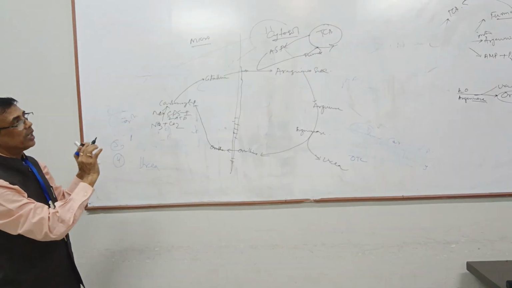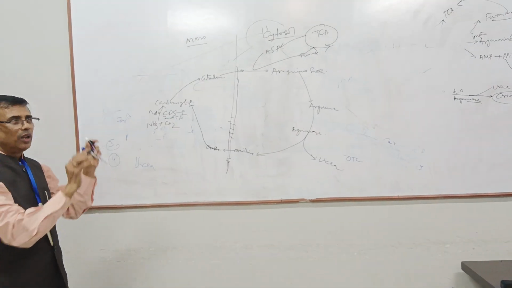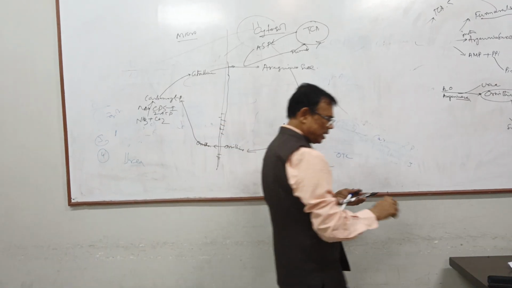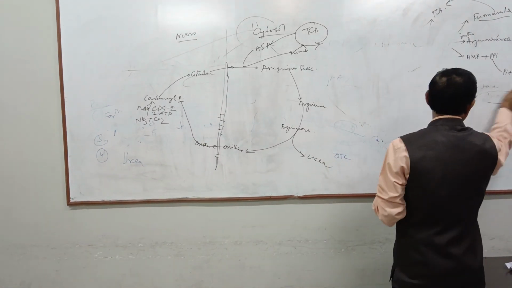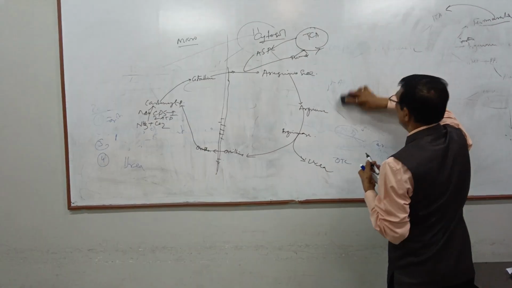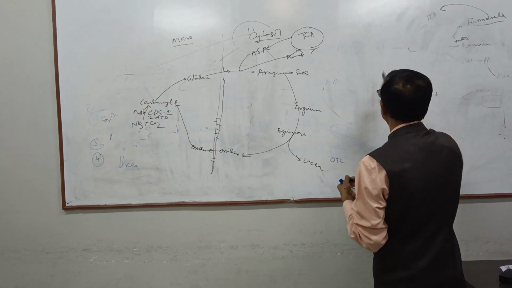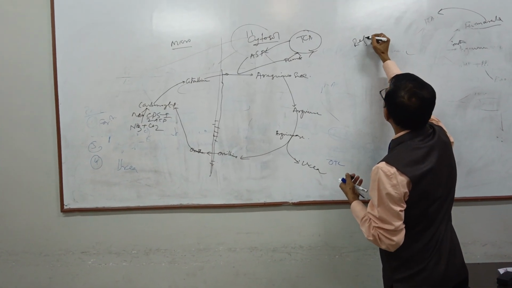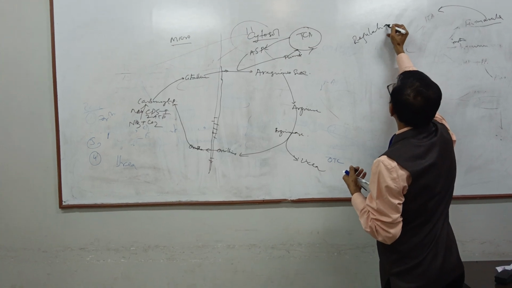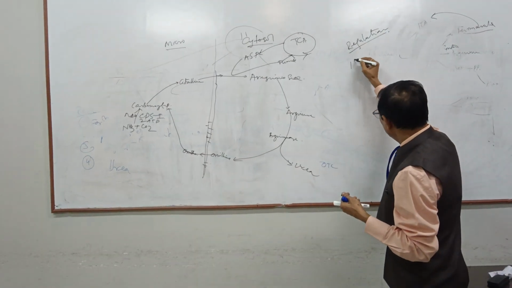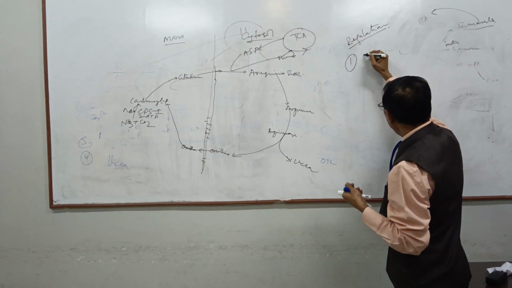This is about the urea cycle. A very easy cycle to understand. Now here are 2 points to highlight how this cycle is regulated. The first is allosteric regulation.